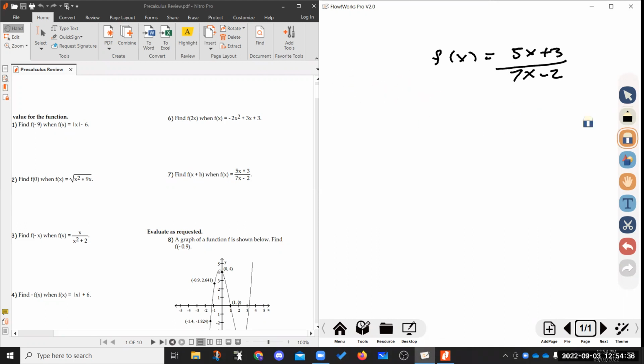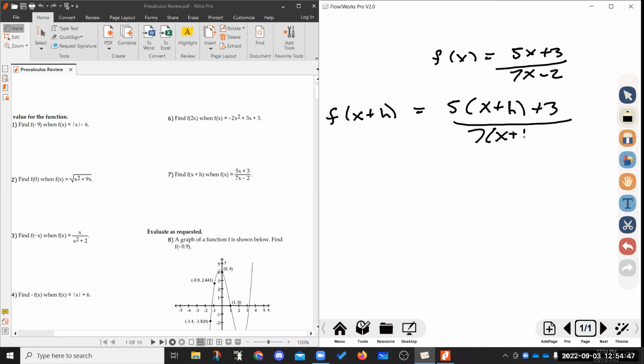F of x plus h is going to be 5 times (x plus h) plus 3 over 7 times (x plus h) minus 2. So that's going to be equal to 5x plus 5h plus 3 over 7x plus 7h minus 2.